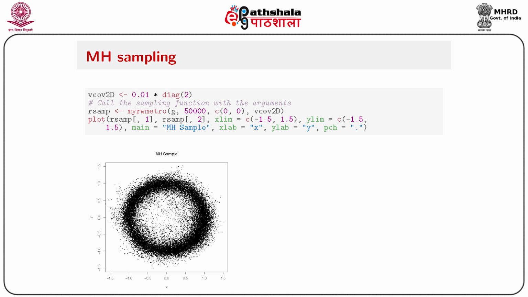Say the variance covariance matrix in 2D is 0.1 times diagonal of 2, and then rsample equals my RW metro, with the function g as the target function, 50,000 samples, initial values 0 and 0, and the variance covariance matrix is the V curve 2D, and that will give you the sample. And if you just plot it through the plot function, you will see it is quite similar to the previous plot that we have seen.